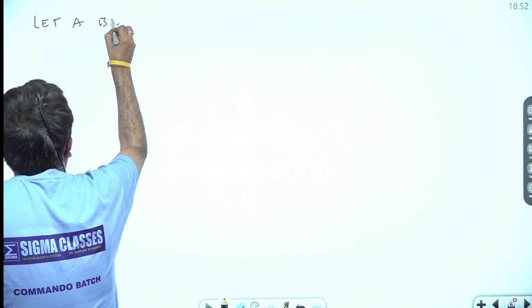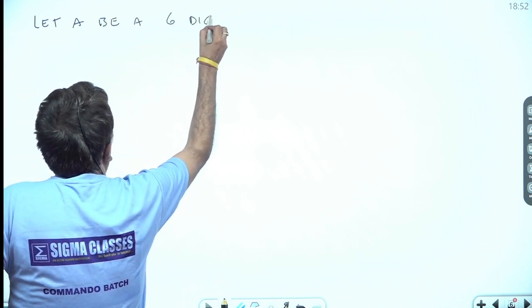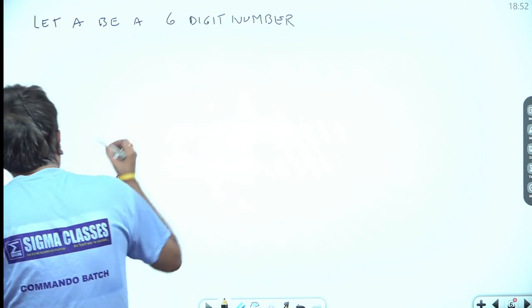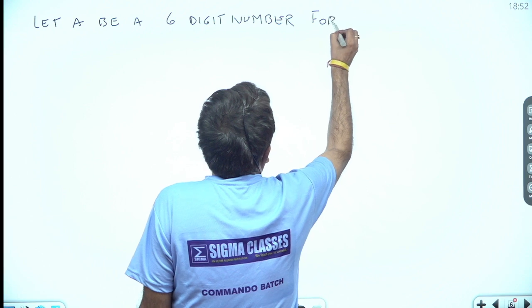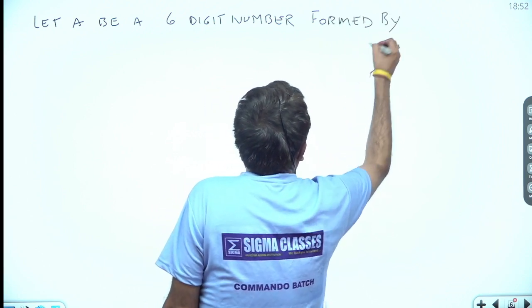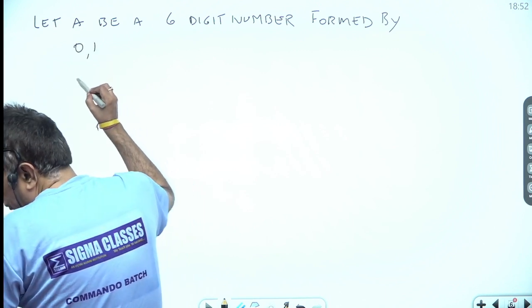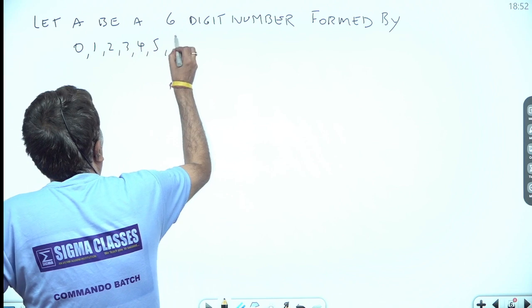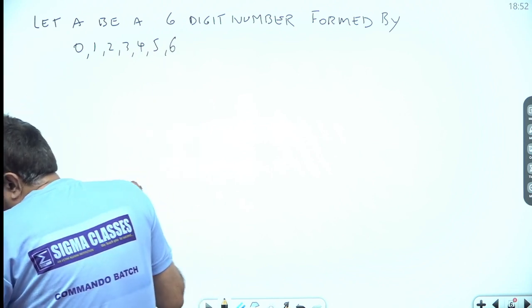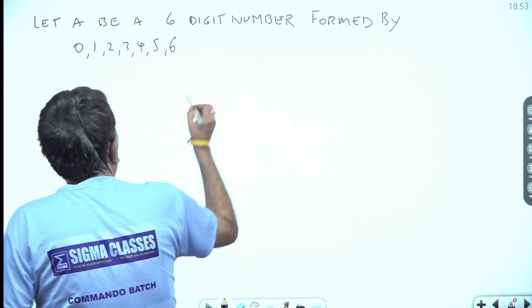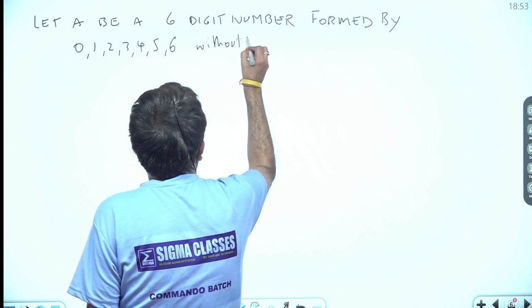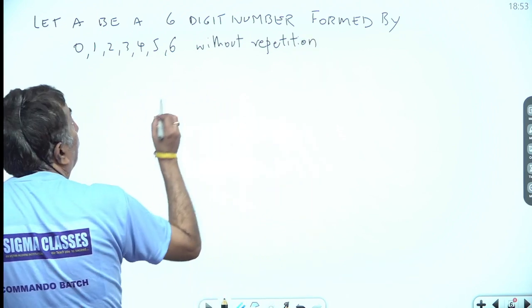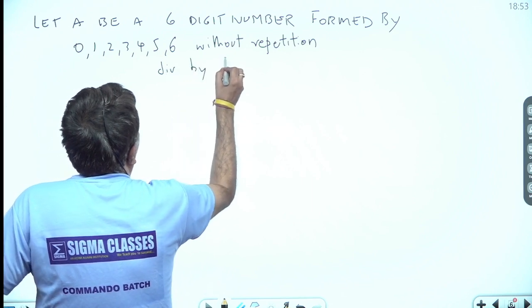Let A be a 6-digit number formed by 0, 1, 2, 3, 4, 5 and 6, without repetition, and it should be divisible by 3.